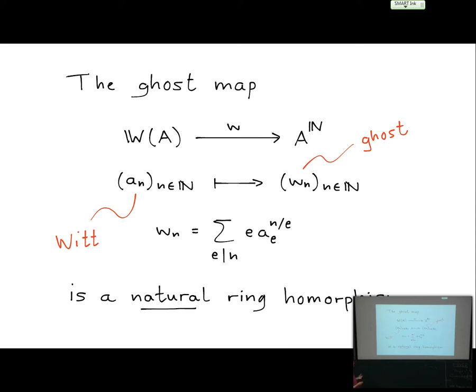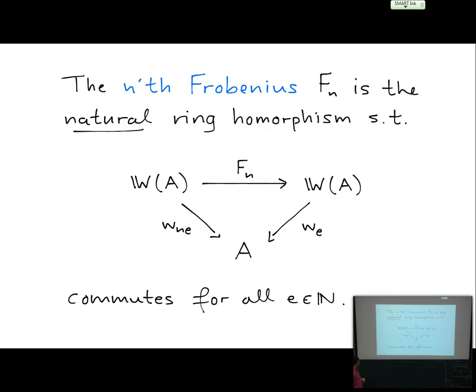And now it turns out that there's a unique ring structure on the domain, such that this map is a natural transformation of functors from rings to rings. So that's the definition of the big Witt ring. There's a map called the nth Frobenius, which is given like this.